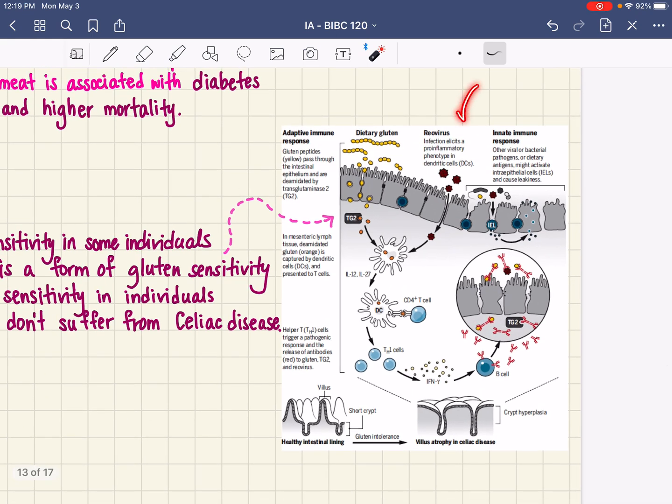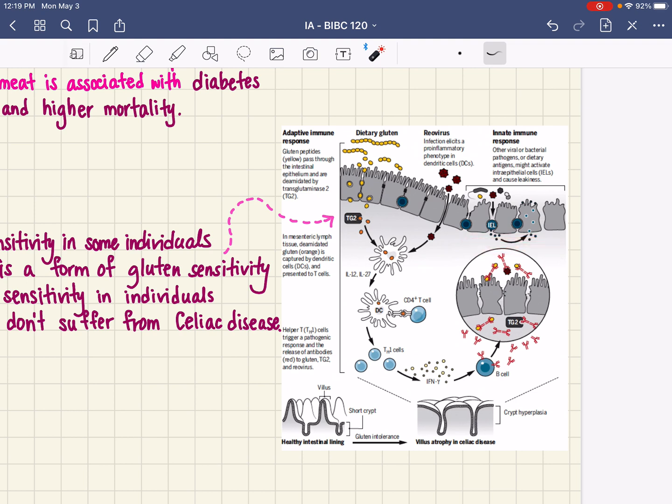And you definitely don't need to know the details of this big structure or drawing, but the main idea is that if gluten is able to somehow pass the wall of the small intestine and get inside of the bloodstream and our system, there is a large inflammatory response that is sparked, and our own immune system ends up attacking the cells of the small intestine, the cells of the gut.